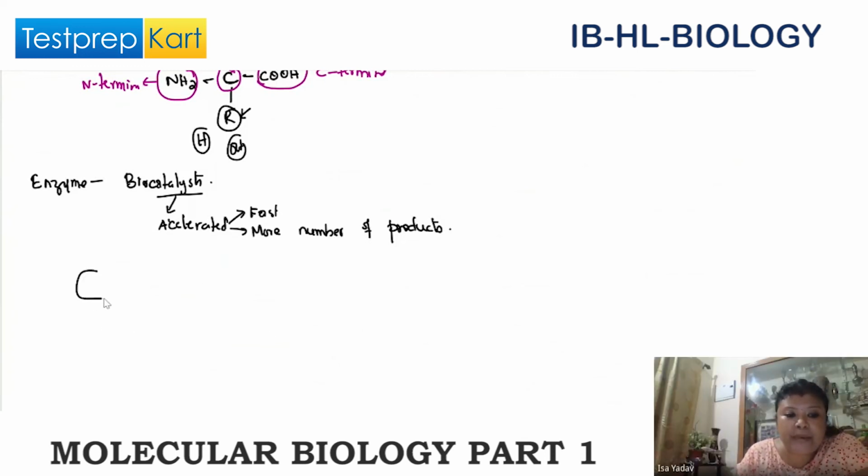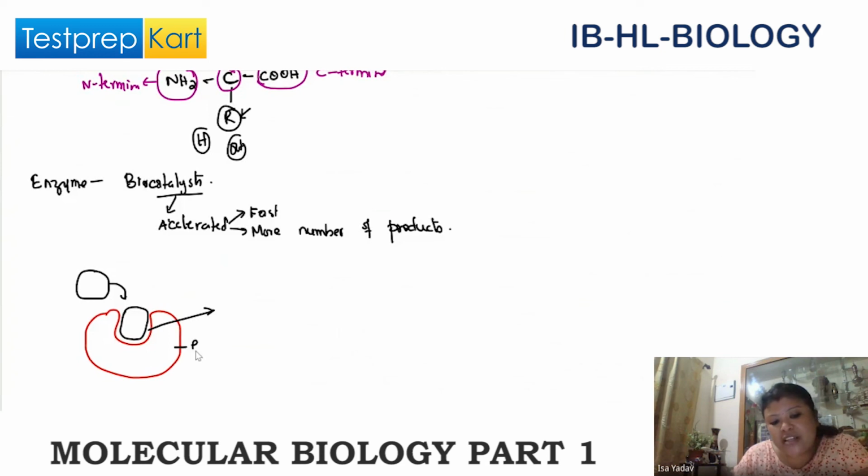So suppose, for example, if this is the substrate, and we have here the enzyme. This substrate will bind in this part of the enzyme. This site where the substrate binds, what is it called? Can you tell me? Active site, right?